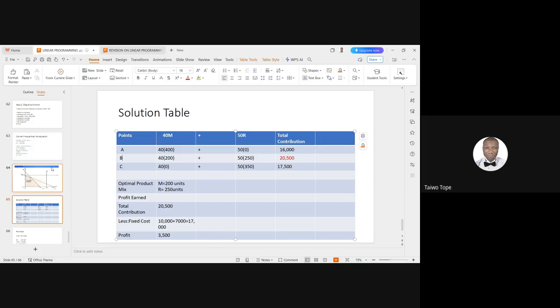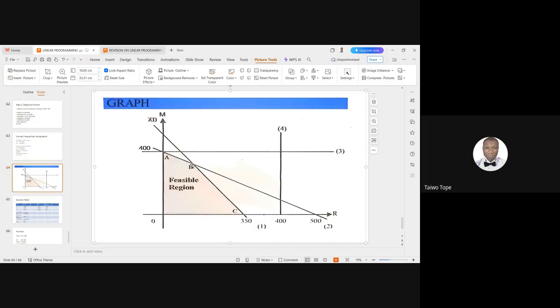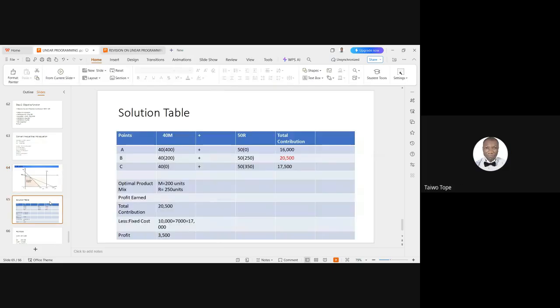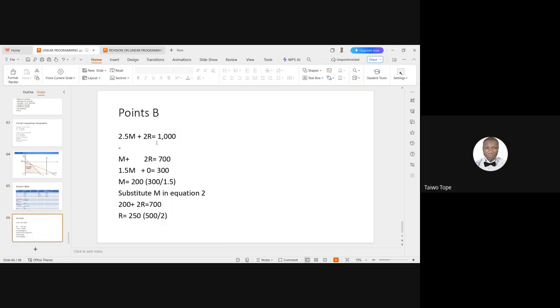Now, this point B, there is a marriage at that point. The marriage between what? Equation 1 and equation 2. This is the point of intersection. At this point of intersection, we need to know the number of units that will give us the contribution, based on the fact that two lines intersect. That is why we now solve using this equation. At point B, we have two equations intersecting.